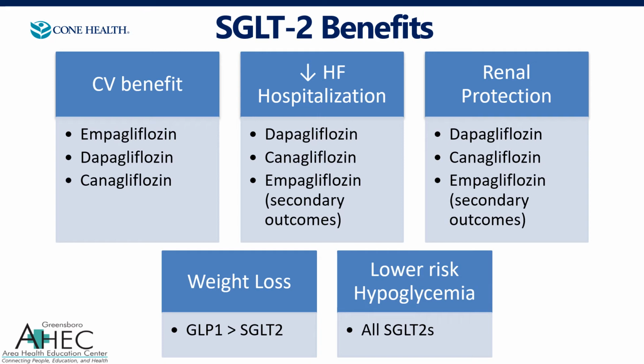However, they don't have as significant a weight loss benefit compared to GLP-1s. And then lastly, they also help to lower hypoglycemia risk, as they don't increase that risk in patients as long as they're not also on some type of medication that promotes insulin secretion, like a basal or bolus insulin injection or a sulfonylurea.